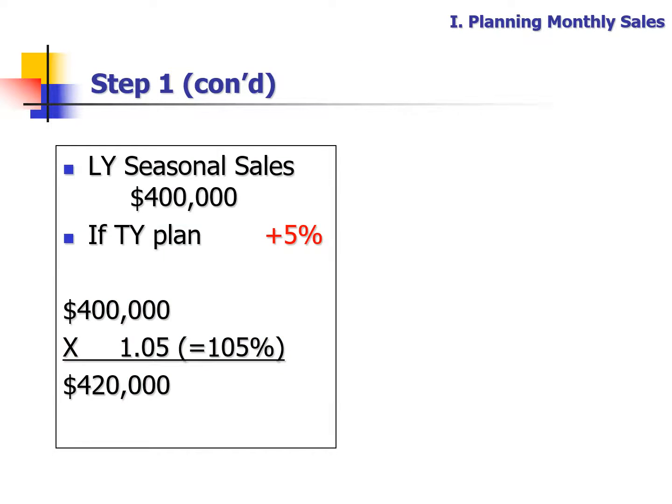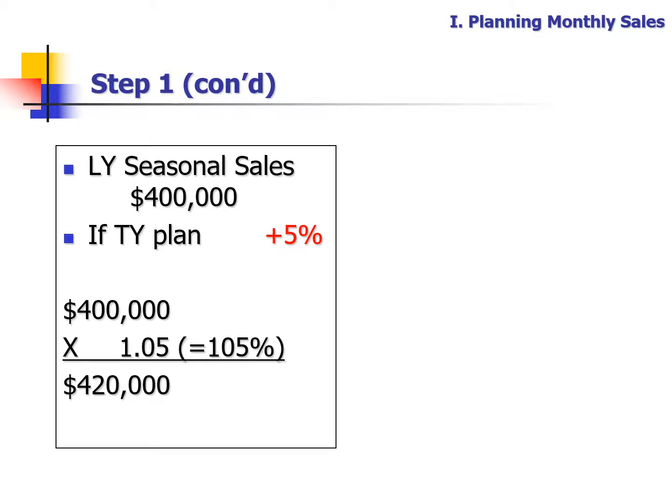So that will be $420,000. How do we know that it is $420,000? Right here, it's showing the calculation part. Last year's seasonal sales were $400,000. If this year's plan is a positive trend, so a 5% increase from last year's seasonal sales, then 5% of $400,000 is $20,000 that has to be added to the $400,000 to constitute a $420,000 plan for this year's sales, right?